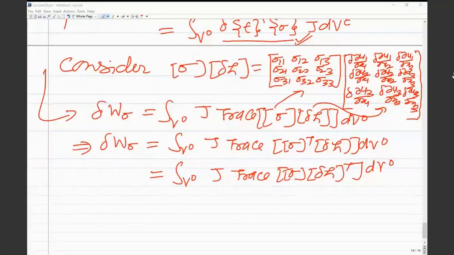Sir, like yesterday, I asked that the result is not converging. When we are going into the plastic region, in one step it is converging. For the first time when it goes into the plastic region, two of the Gauss points are elastic and two are plastic. For that step, the result is converging.